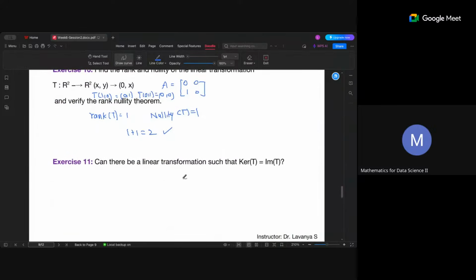Can there be a linear transformation such that the kernel and the image are the same? What's your guess? Just say anything, yes or no. Well, identity: for identity, the range is R2 and the null space is just 0.